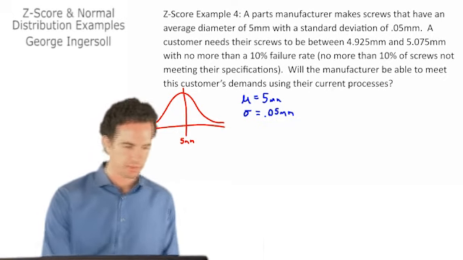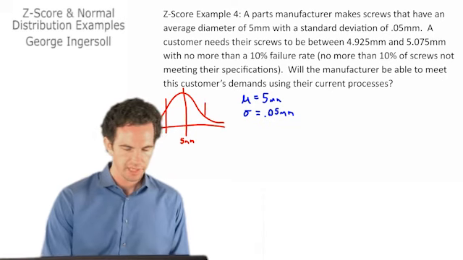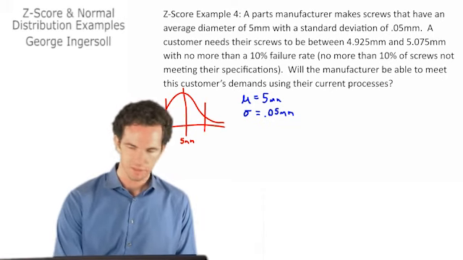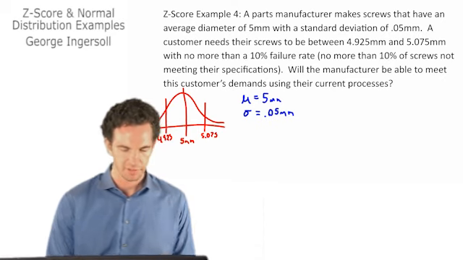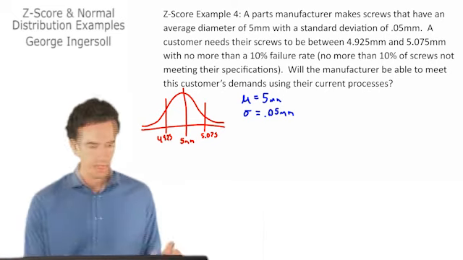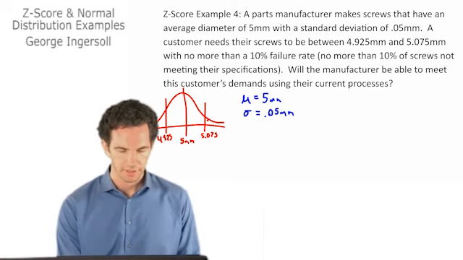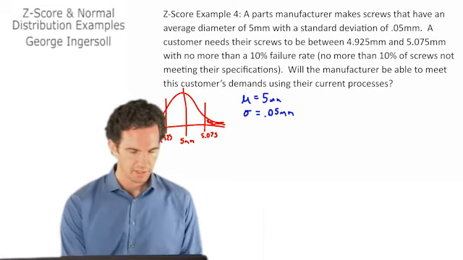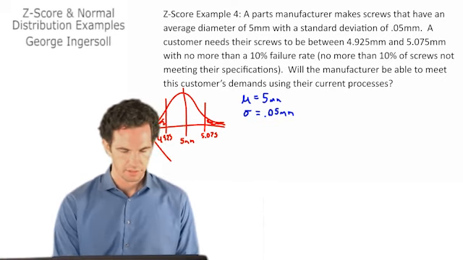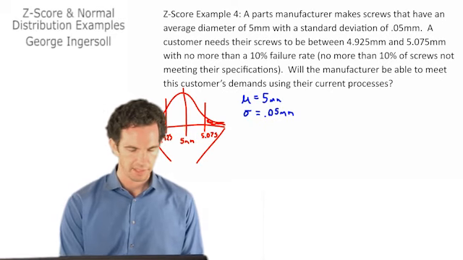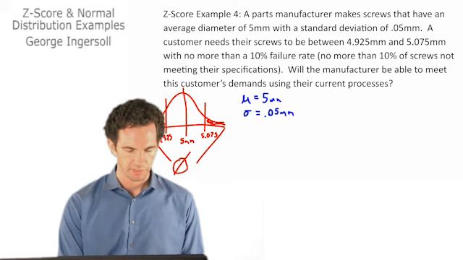And our customer is saying, okay, between 4.925 and 5.075, that's the range they want. And when you add up this and you add up this, that cannot be greater than 10%.